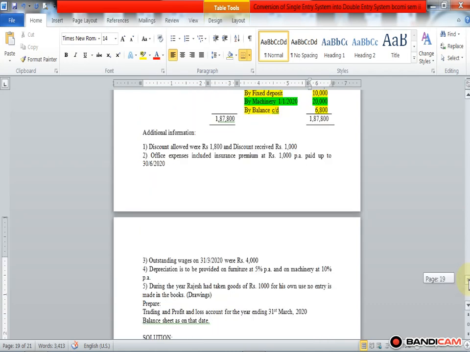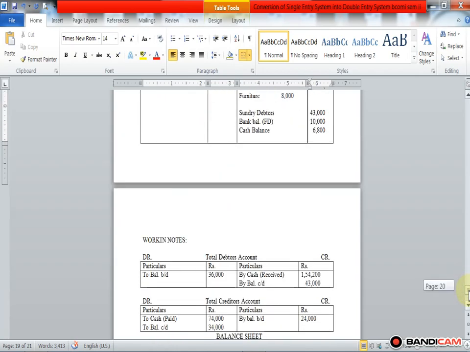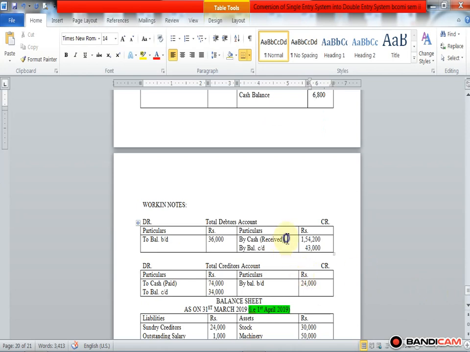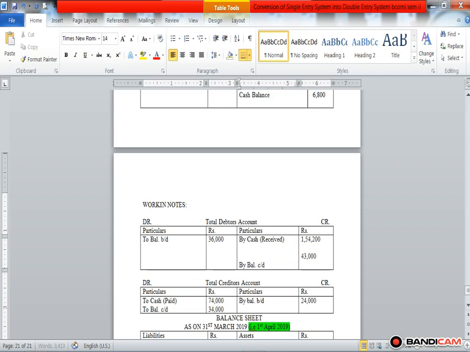So the first effect of discount allowed is on the debit side of debtors account, that is by discount (allowed) amounted to rupees 1,800.